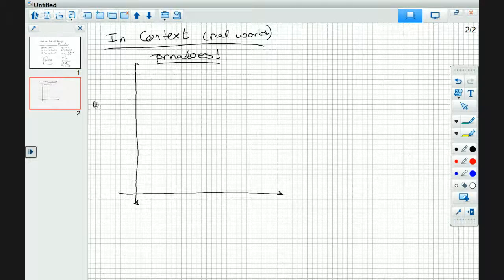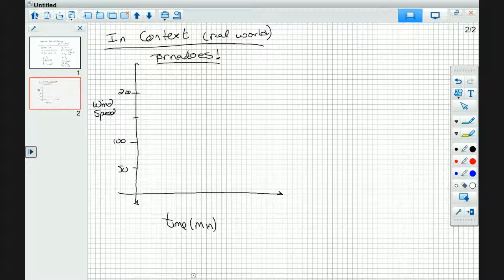The y-axis is going to be wind speed, and then time in minutes.